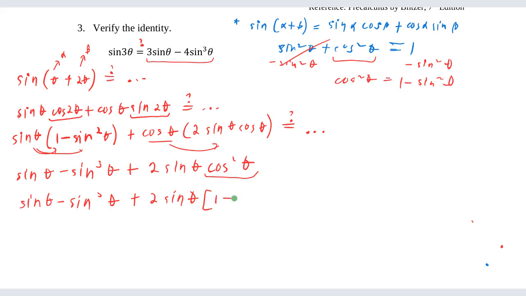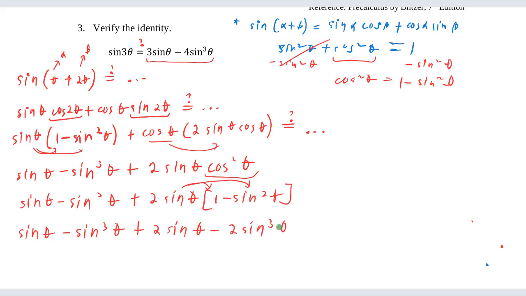Then after that, I will be distributing once again. So sine theta minus sine cube theta plus 2 sine theta minus 2 sine cube theta.